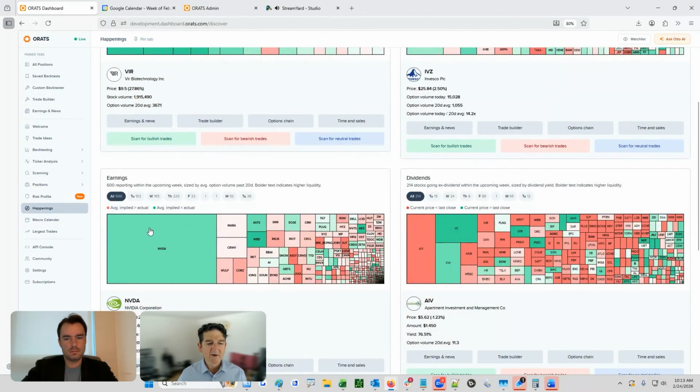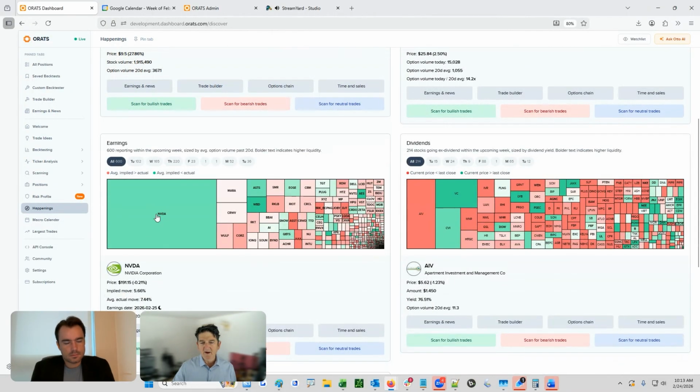I love this visual because you could see today, Tuesday, there's 102, tomorrow 165, Thursday 220. But look at how big Nvidia is. We scale it by option volume, so Nvidia just dwarfs everything else. But you could see other stocks that are coming up here.